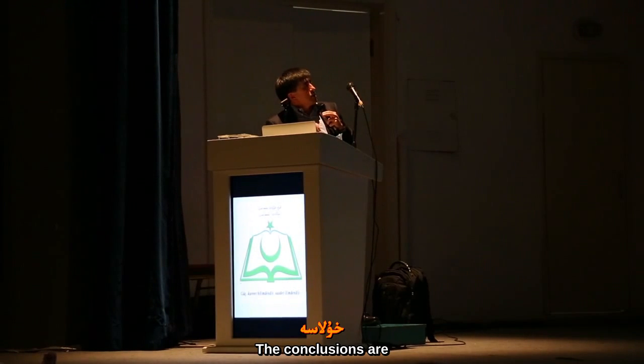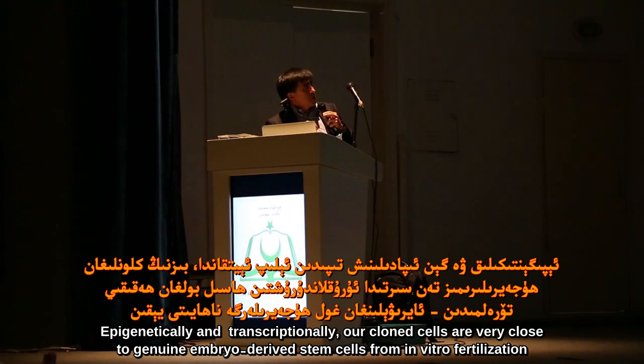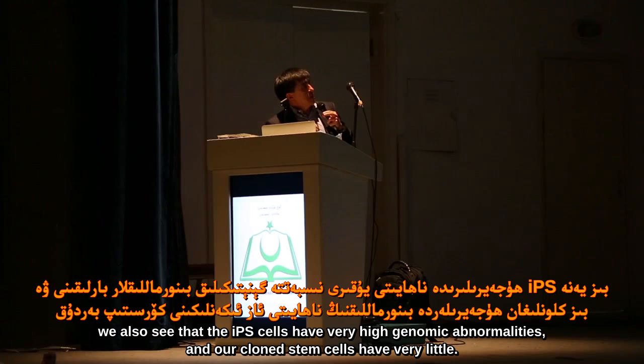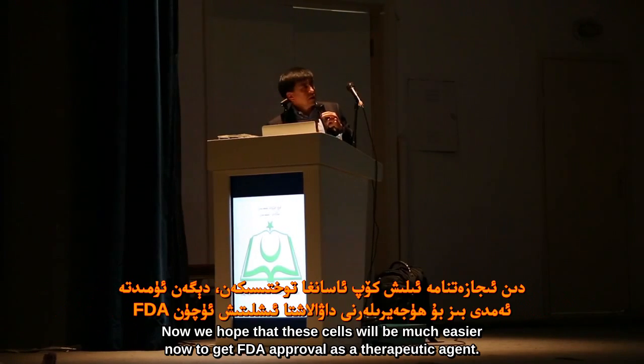The conclusions are that epigenetically and transcriptionally, our clone cells are very close to genuine embryo-derived stem cells from in vitro fertilization. And we also see that iPS cells have very high genomic abnormalities, and our clone stem cells have very little. So we hope that these cells will be much easier to approve through the FDA as a therapeutic agent.